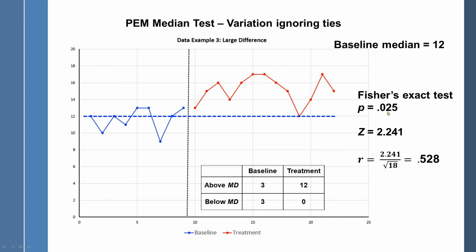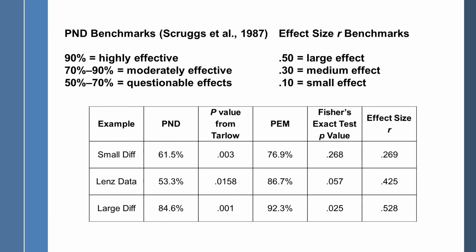And you can see that Fisher's exact test comes out to be statistically significant at the traditional 0.05 level. Convert that into a z-score, and then convert the z-score into an effect size R. And yeah, I know I'm violating some assumptions here, but my goal is to really look at the patterns and see if the effect sizes make sense in relation to the data.